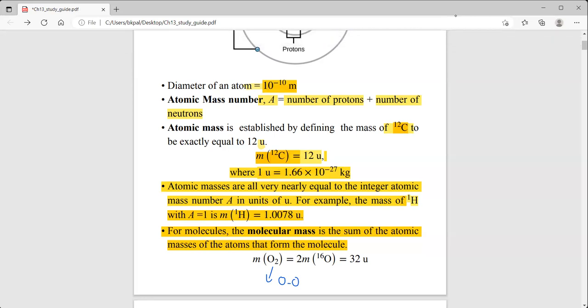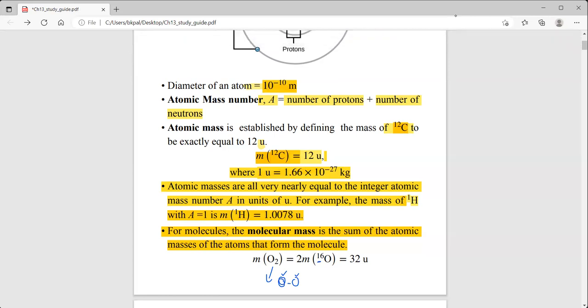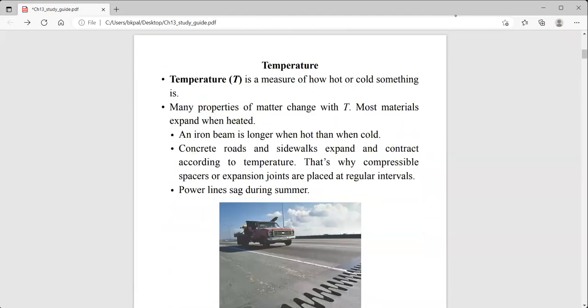So the molecular mass will be the atomic mass of this oxygen and this oxygen. The atomic mass of one oxygen is 16 u, so the molecular mass of an oxygen molecule is 32 u.